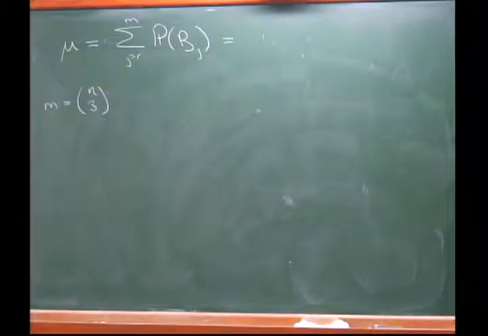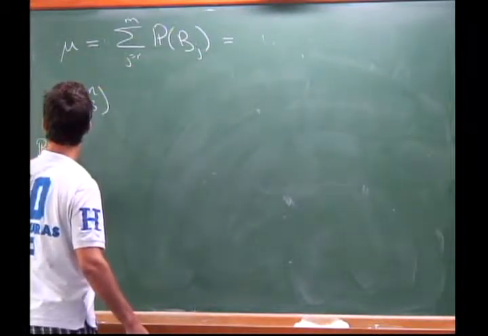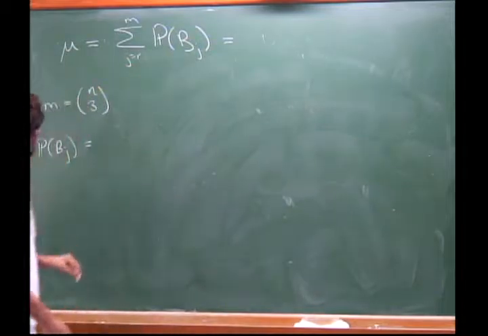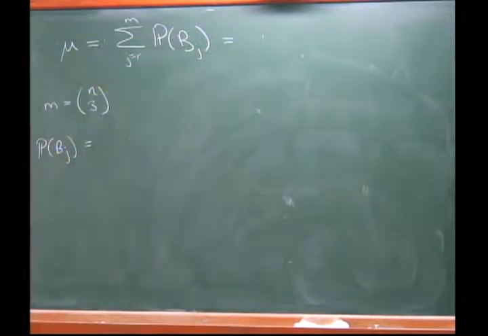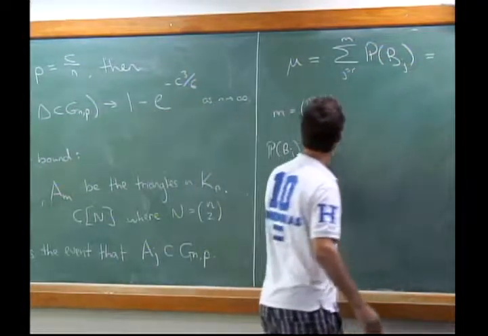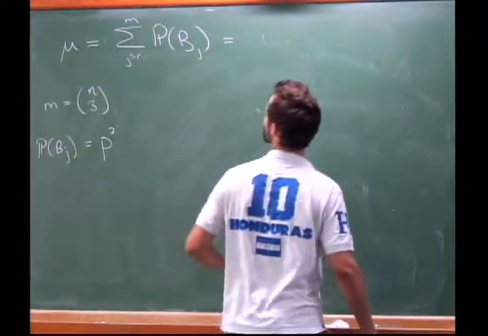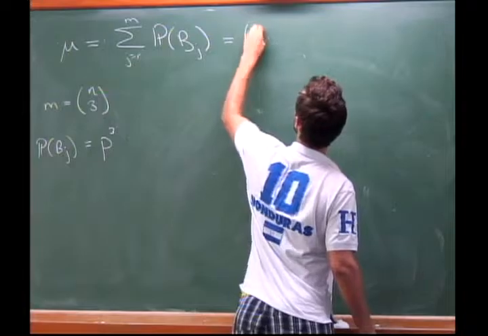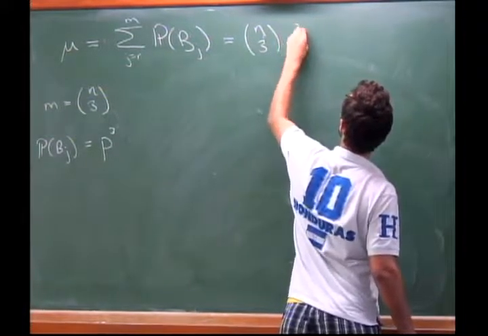And what is the probability of Bj? Well, it's the probability that Aj is a subset of G(n,p), 3 edges, p cubed. This equals n choose 3 times p cubed.